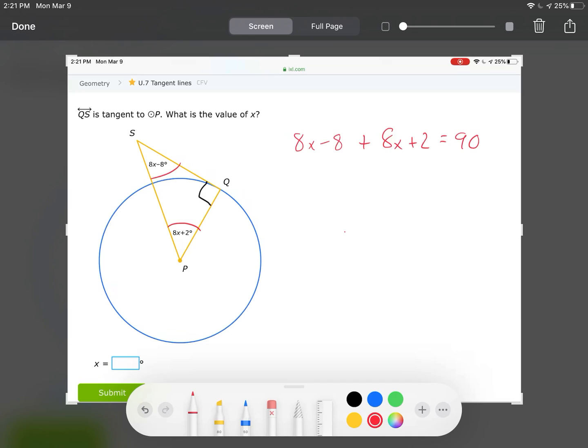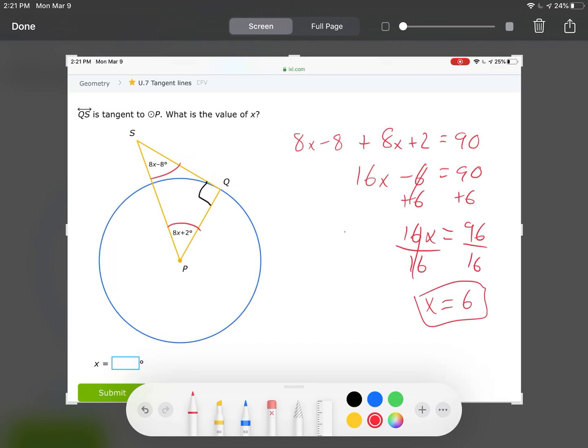When you combine like terms, the 8x and the 8x combine to give you 16x minus 6 equals 90. Add 6, this cancels out, and you get 16x is equal to 96. Divide by 16, divide by 16. X, I think that's 6. Pretty sure that's 6. And they're definitely asking for x, not the angle measure. So we're done.